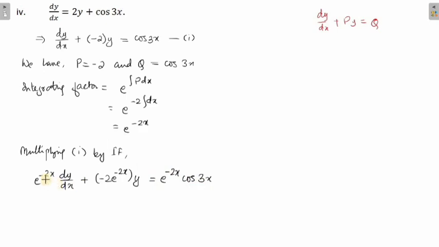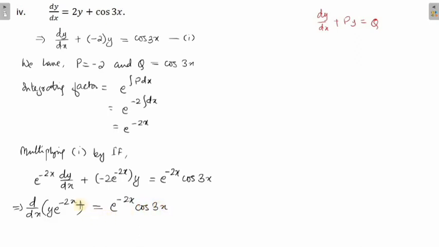Now the function out here is e to the power minus 2x, and the variable out here is y. When you differentiate this with respect to x, you are going to get this entire thing. You can check by yourself. So this entire thing can be written as d by dx of y e to the power minus 2x, equal to e to the power minus 2x cos 3x.